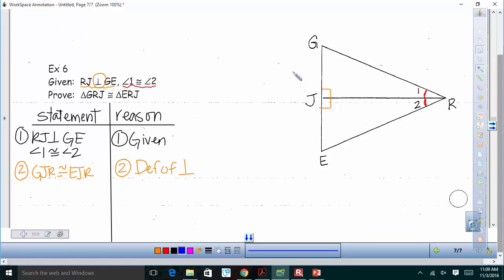So, yes, we have two triangles right here. They both share side JR. So that means it is congruent to itself. So I'm going to write that JR is congruent to RJ by the reflexive property.